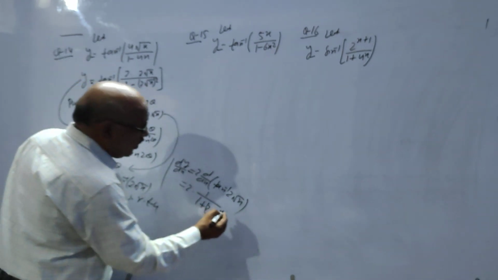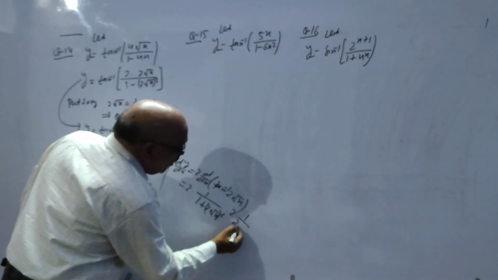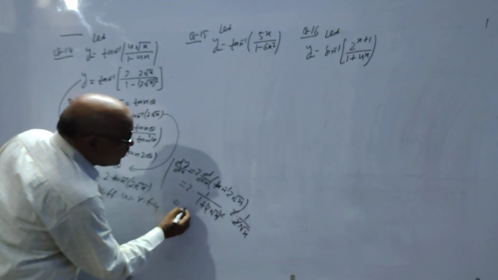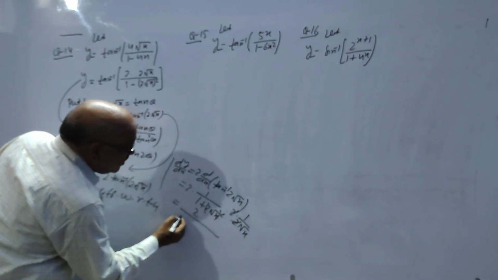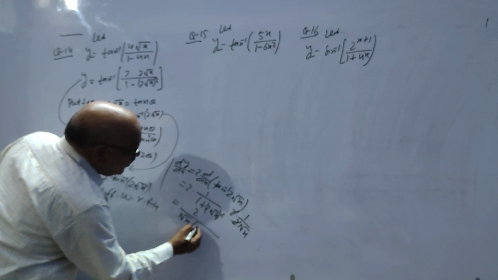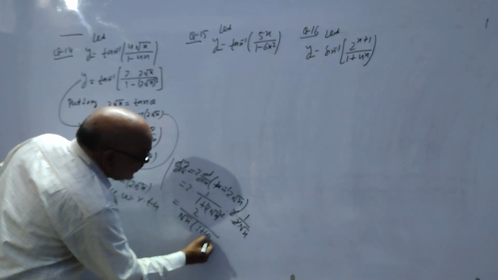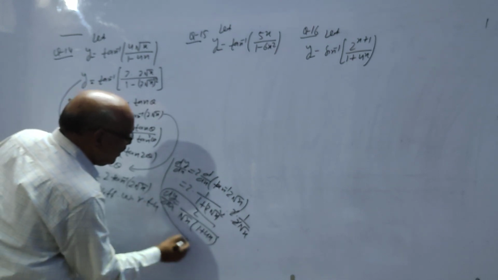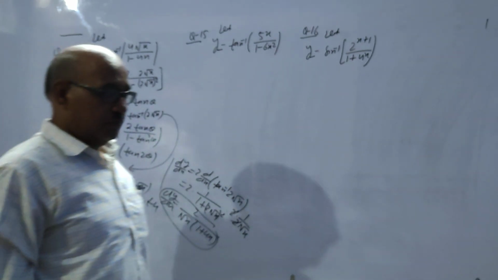And what will be the derivative of 2 root x? 2 is constant, root x gives 1 upon 2 root x. This 2 is cancelled out. Now it is 2 upon under root x into 1 plus 4x, and this is the value of dy over dx, that is the required result.